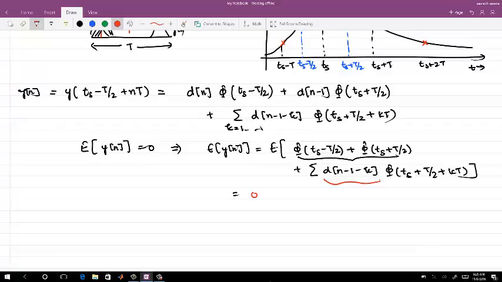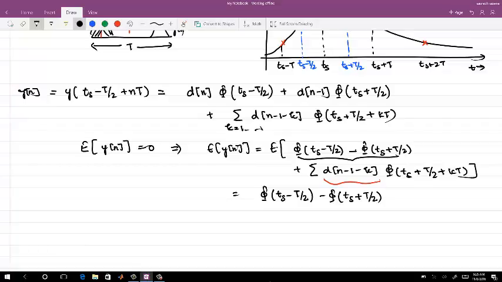So what you are left with is phi of ts minus t by 2 plus, sorry, this is minus, right? I told that one bit is positive, other bit is negative for the transition, minus phi of ts plus t by 2.